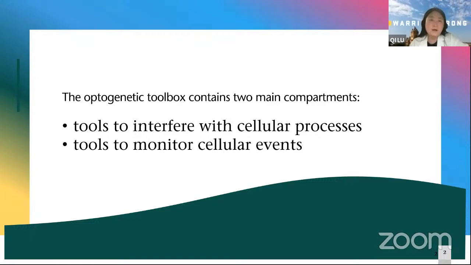So generally the optogenetics toolbox contains two main components. One includes the tools to interfere with cellular processes, where light controls or activates biological processes, like rhodopsin channels, and light-activated rhodopsin linked to adenylate cyclase or PDE.